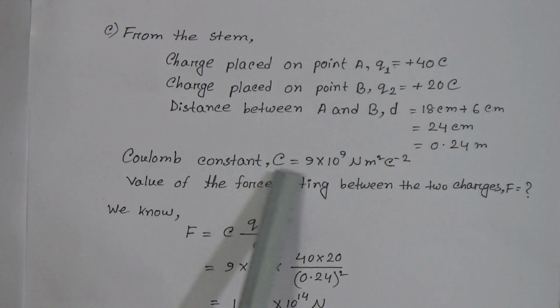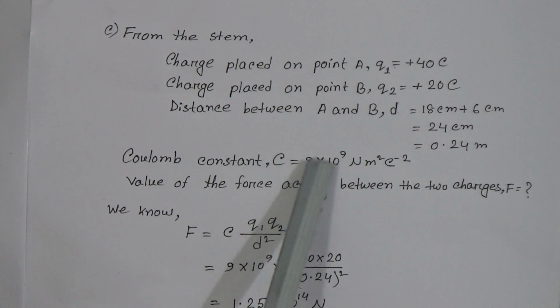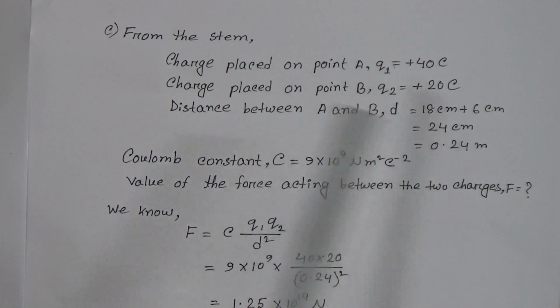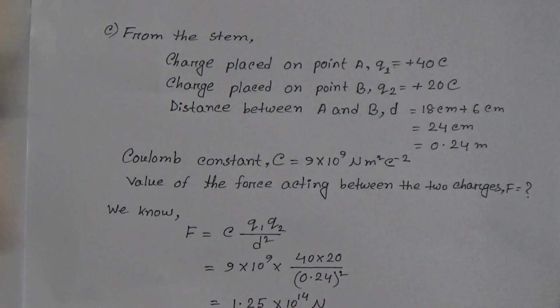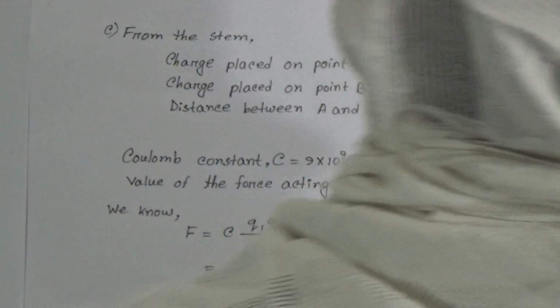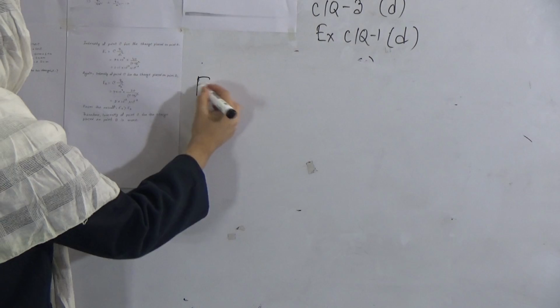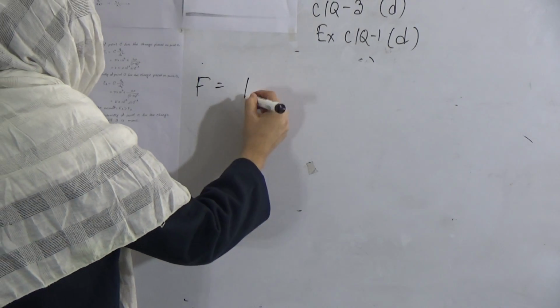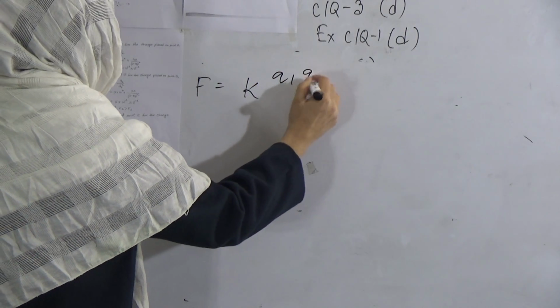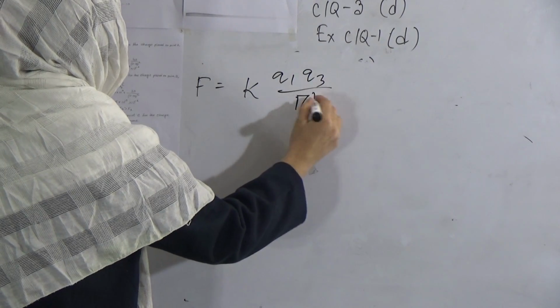Now the Coulomb constant, we know that K equals 9 into 10 to the power 9 Newton meter square per Coulomb square. So we have to find the force now, and we can do this mathematical problem easily. We know F equals K Q1 Q2 divided by R square.